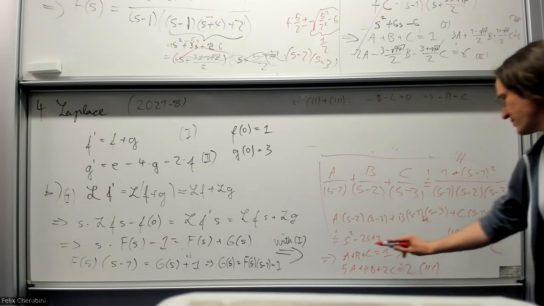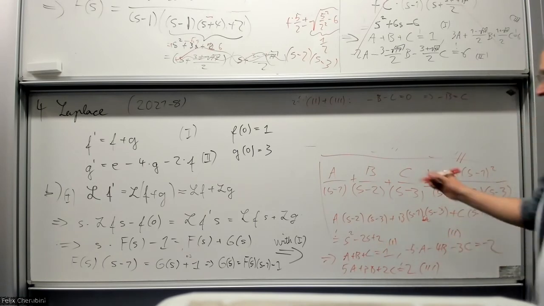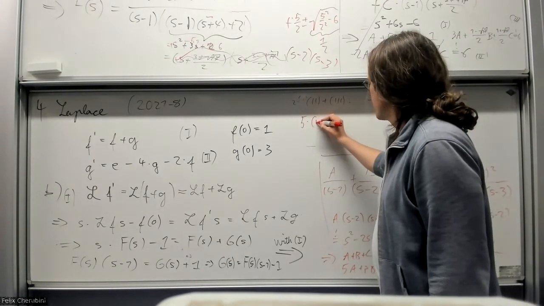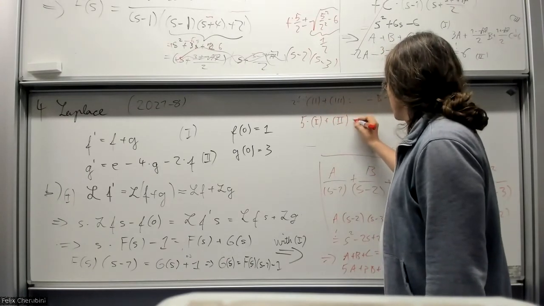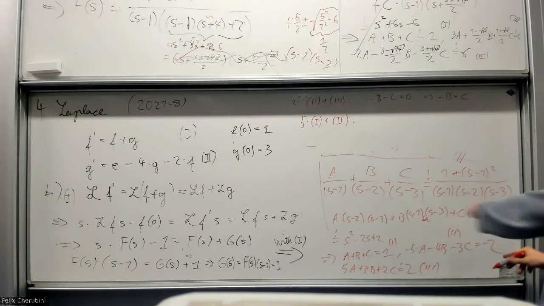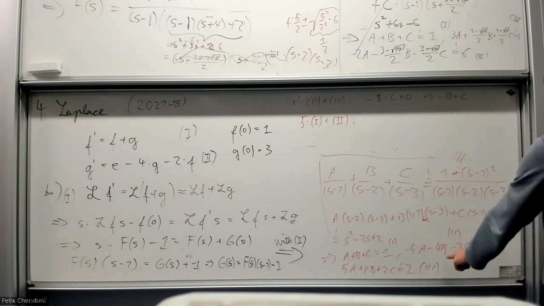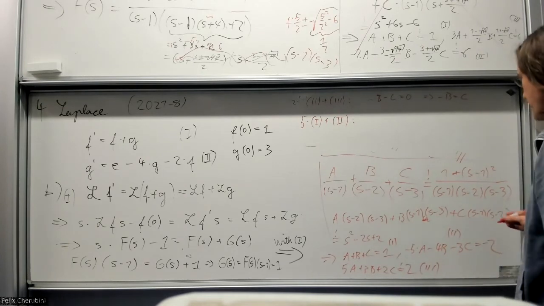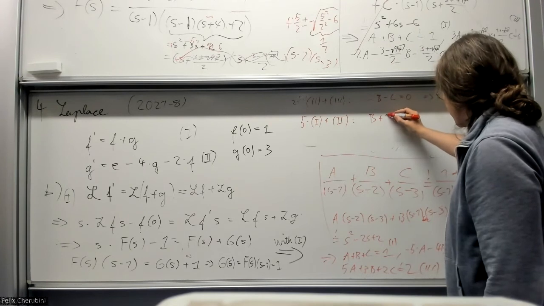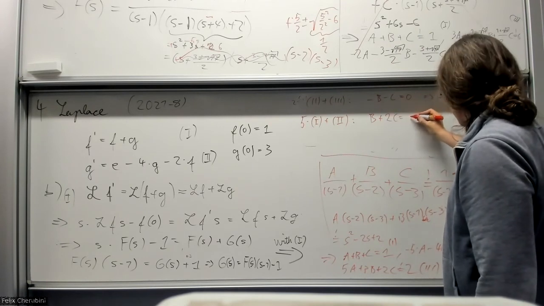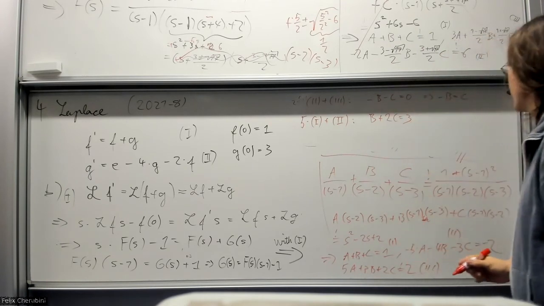Yeah, add 5 times 1 to 2. So I get plus 5 here, plus 5 here, plus 5 here. So I have b plus 2c equals 3.